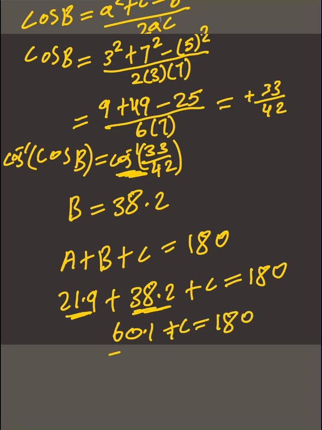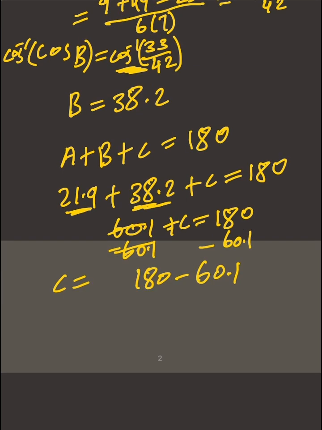So let's move this to the other side. C equals 180 minus 60.1. We subtract, and this gives us C equals 119.9.